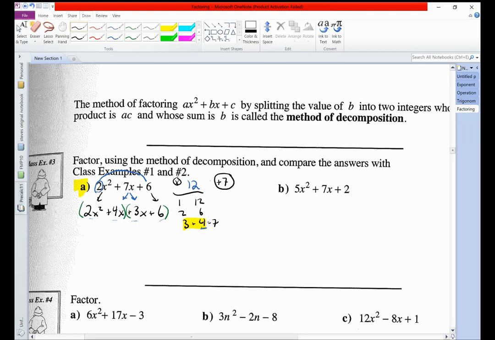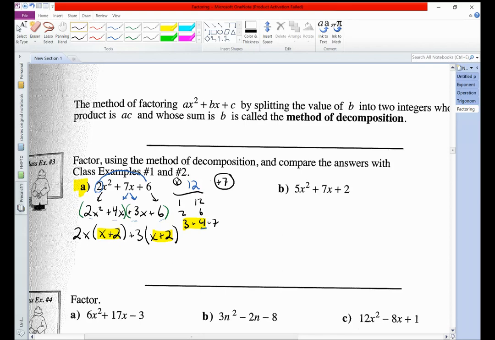So now I can factor out the first set of brackets here. I can pull a 2x out of there, and I'm left with x plus 2. And then in the second set of brackets, I can factor out a positive 3, and I'm left with x plus 2. And if we've done it right, those binomials match, and they do.